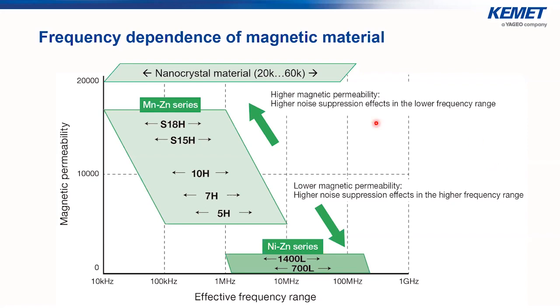The denomination that you see here, the manganese zinc series, is our internal nomination, and this allows us to optimize and get the best performance from the material itself. We have, for example, the 5H, 7H, 10H, and also new releases for higher temperatures, 5HT and 7HT, and for industrial or high permeability material, we have the S15H and S18H. Of course, we also have nickel zinc and nanocrystalline materials as well.